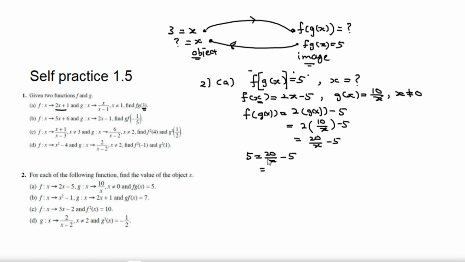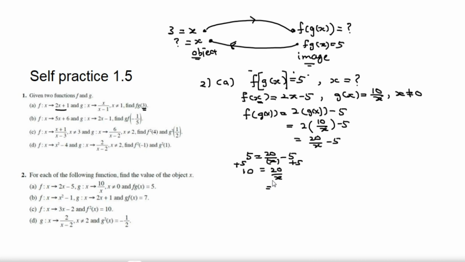So we are going to solve for x. To do this, first we have to eliminate the negative 5 on the right hand side. We add 5 to both sides. So 5 plus 5 is equal to 10, equals 20 over x.